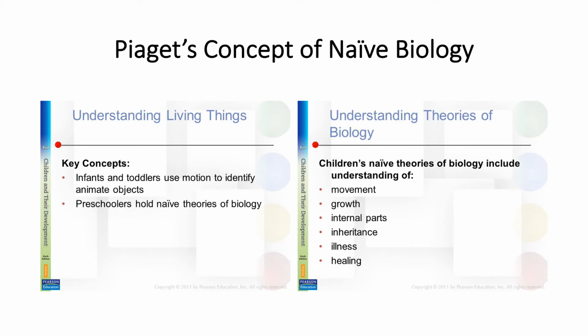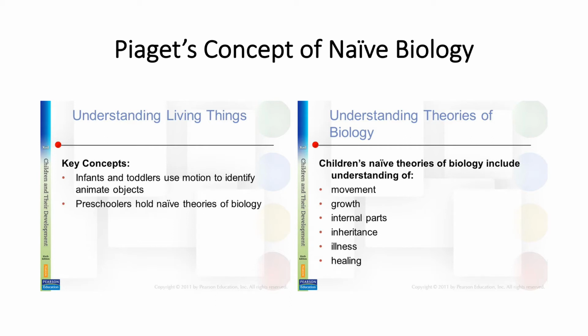Toddlers do have an intuitive sense of biological concepts. The use of the word theories is not entirely accurate, because a theory would imply that you have enough metacognition and language and symbology to really be able to articulate what you're seeing or what you're reacting to. Toddlers don't necessarily have the ability to do that. So a more accurate term would be naive intuition about biology, what sense they have about things.